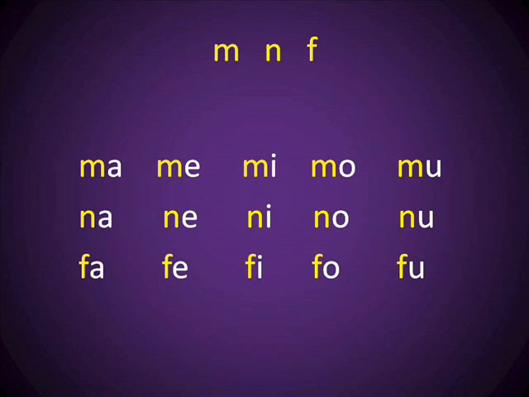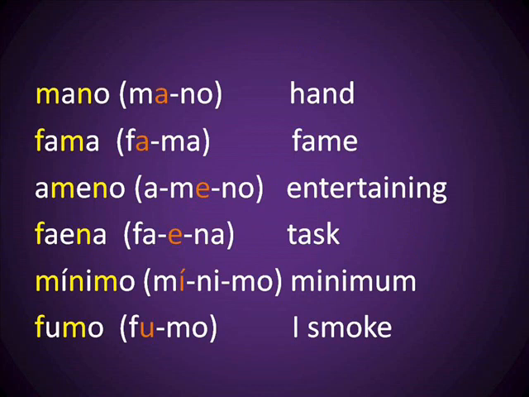Now let's read our first words. Don't worry, the examples will be given along with the consonants we have learned so far. This is the order. First, you're gonna see the word in Spanish. Next, you'll see the syllables with the stressed vowels in orange. And then the English meaning of the word.